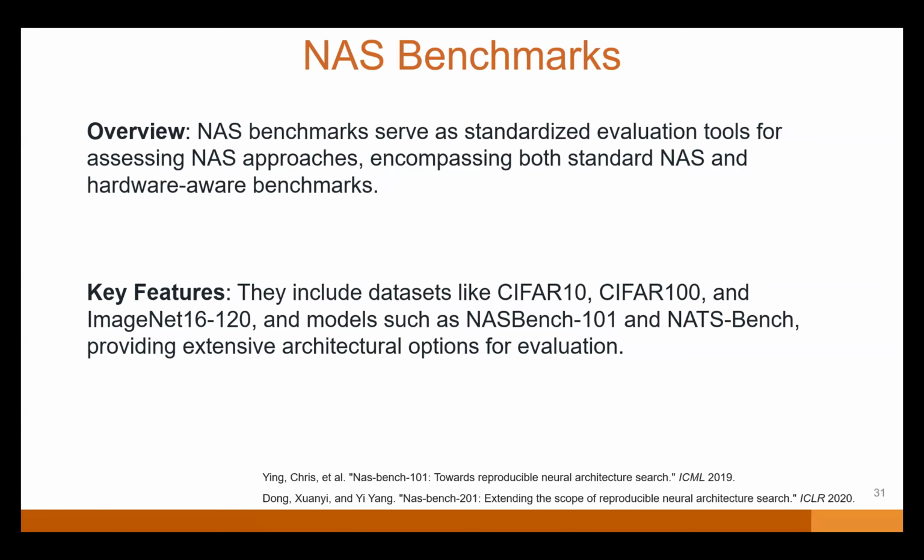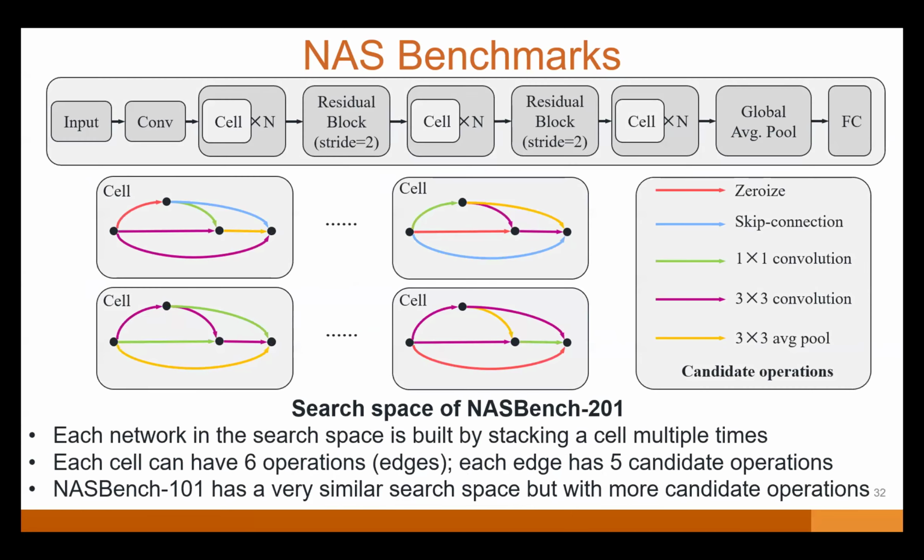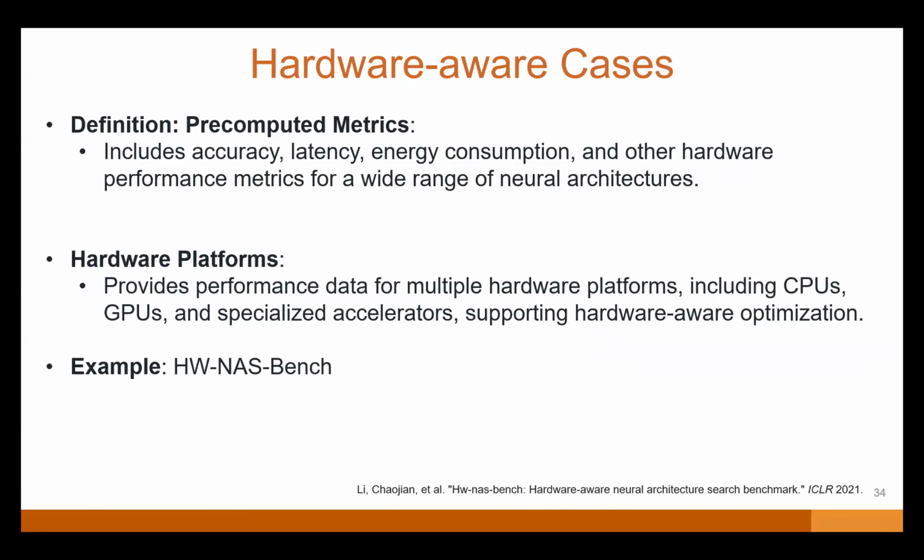And probably some of the best known are NAS-Bench-101, 201, and so forth. As mentioned earlier, what's interesting about it is that each of them is built by stacking multiple such cells. Each cell has six operations. You see the edges. Again, I'm talking about NAS-Bench-201 here, with five candidate operations shown with different colors. And NAS-Bench-101 has the same structure, just more examples.